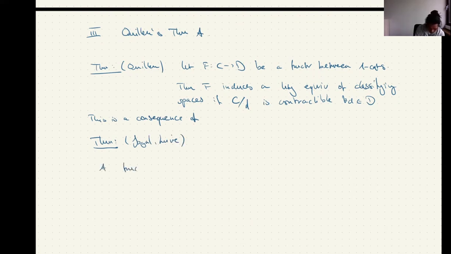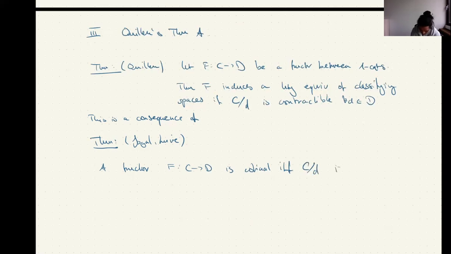So a functor between infinity categories now is cofinal if and only if the slice category is contractible.